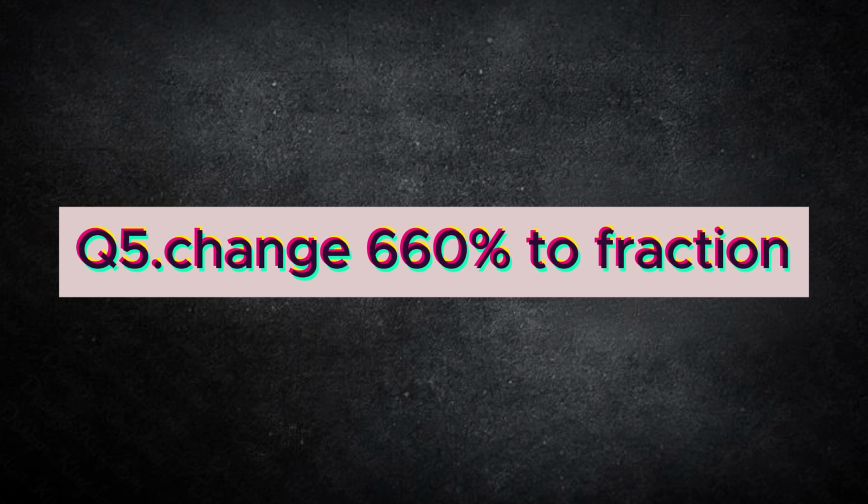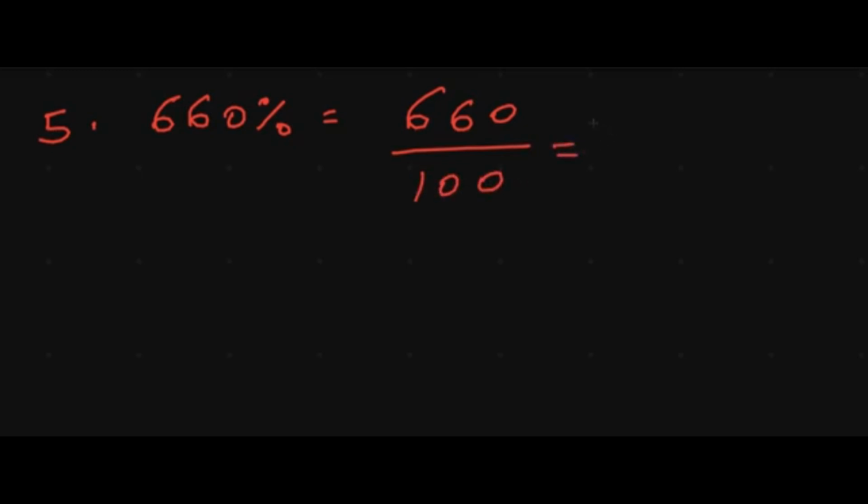Next example, the last one, is 660%. 660% is 660 divided by 100. The greatest common factor between 660 and 100 is 20. 660 divided by 20 is 33, and 100 divided by 20 is 5.